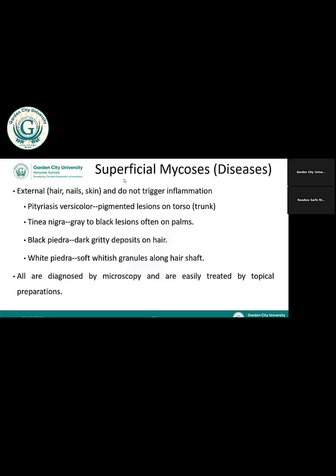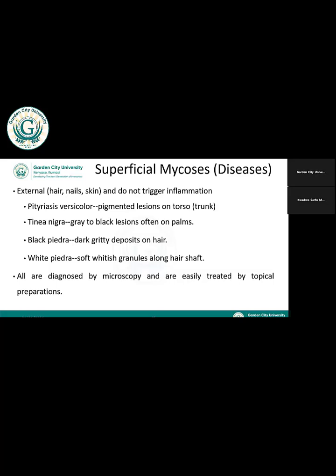So we take samples from the hair, the skin, the nails, then you can observe under the microscope the microbial fungal cells. And because they affect the external part of the body, they are easily treated by topical applications. In some cases, you could also take it orally and then treat such infections, but mostly topical application is ideal to treat such external or superficial mycosis.